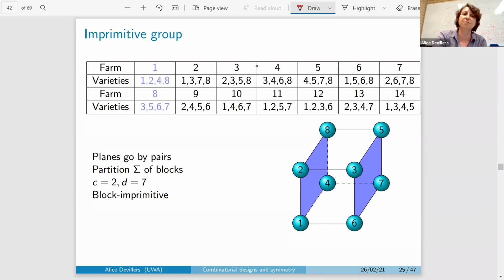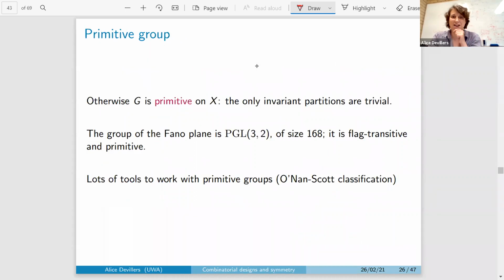So here my columns represent the partition. I have 7 parts of size 2 in this example. It's not that easy to give an example which is point imprimitive for a design, so I'm not giving one for now.